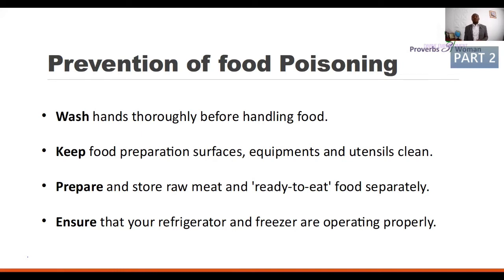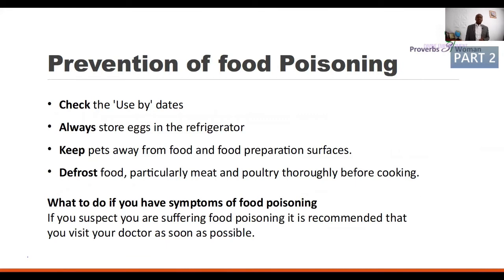Now, it all depends also on the weather, because some countries are very, very cold. For example, in Canada, it gets really cold. So you have to reset your refrigerator and your freezer at the correct temperature, depending on the weather of the country where you are. Okay, now make sure you check the use by date. Check the use by date. Remember always to store eggs in the refrigerator. As I said before, it depends on the weather, also the country where you are.